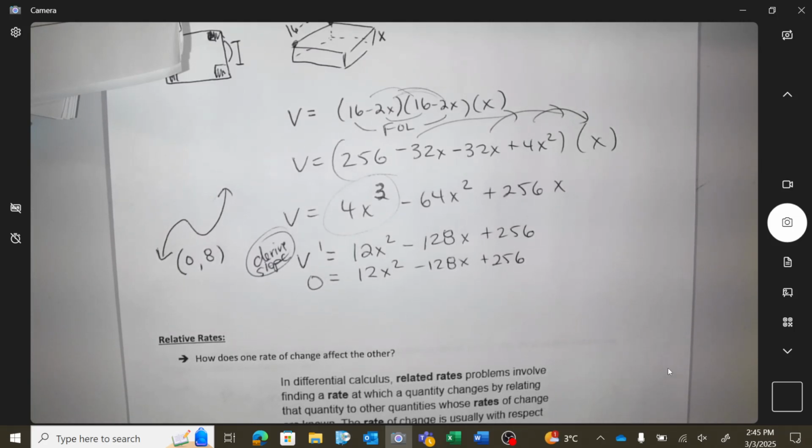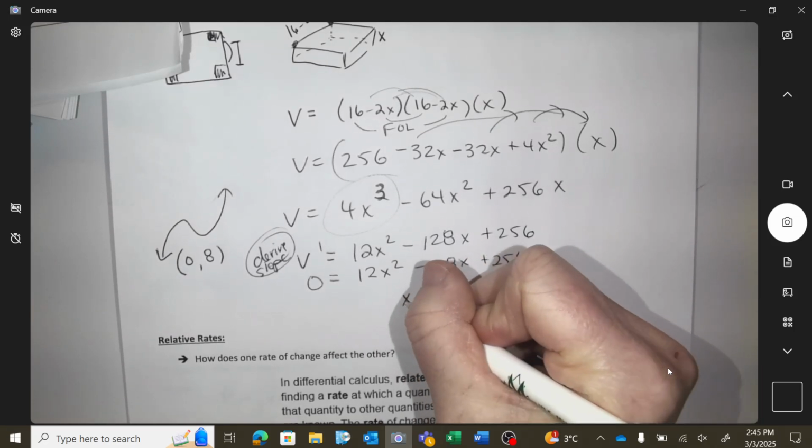Factoring. No, can't GCF. Well, I mean, I could do like a 2, but I don't think that's really even going to help me. It's a complex trinomial. I'm actually tapping out of that. I don't want to factor. Quadratic formula. Let's just do it.